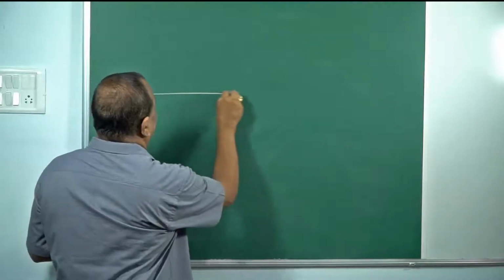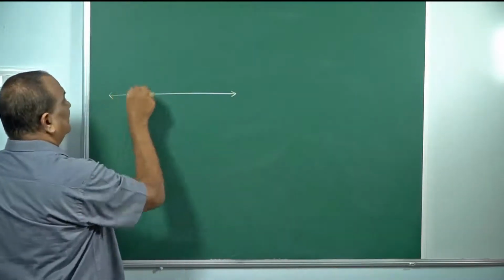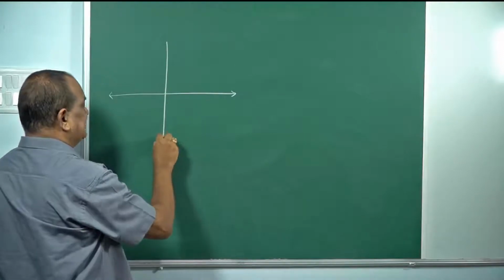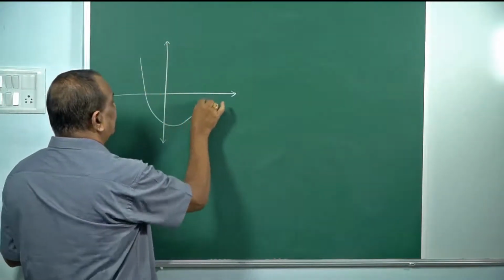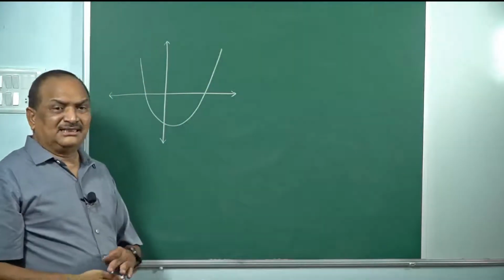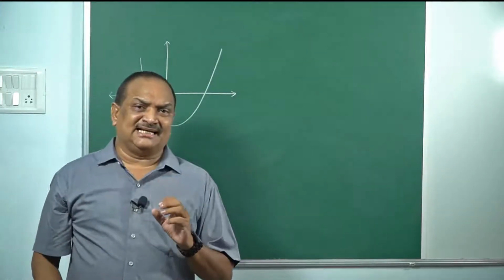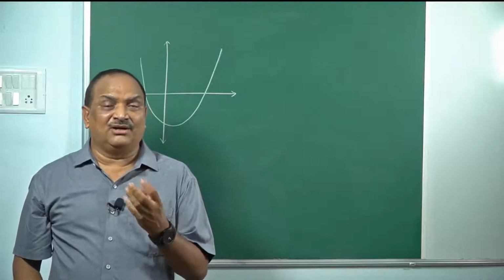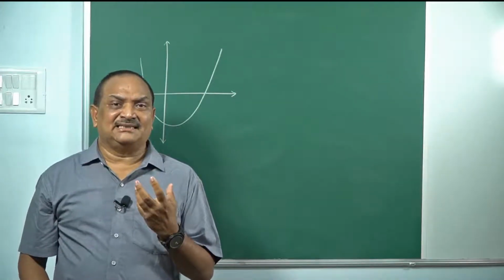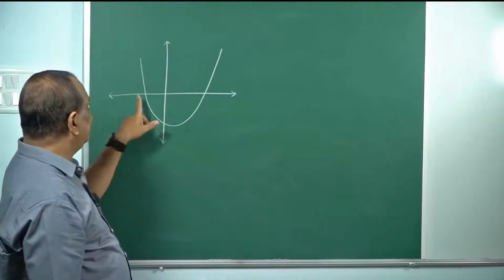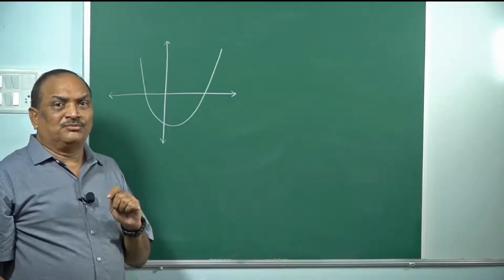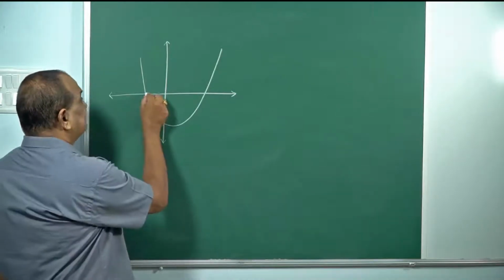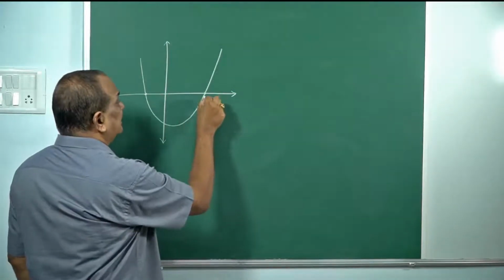This is my x-axis and this is my y-axis, and if I get a parabola like this, the parabola is meeting the x-axis, which means the y coordinate is 0, at two different points. It is meeting the x-axis here, it is meeting the x-axis here also. So when I write the coordinates of this point or this point, how do I get?